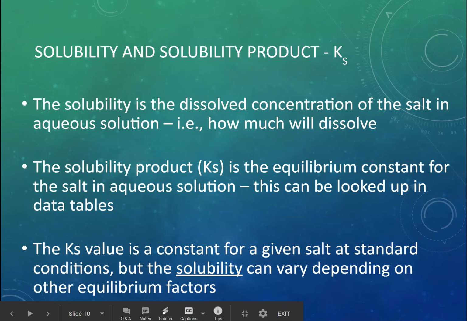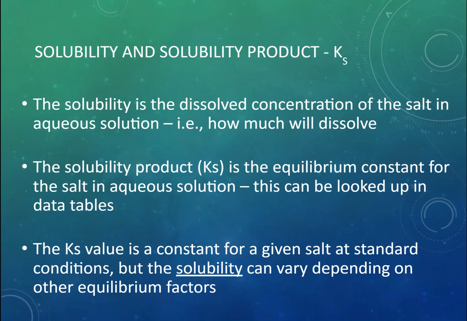Okay, so just relating the concepts of solubility and Ks, the solubility product. Remember that the solubility is how much will dissolve. Now that can be affected by a variety of factors, such as temperature, the presence of other ions, and all sorts of other things.